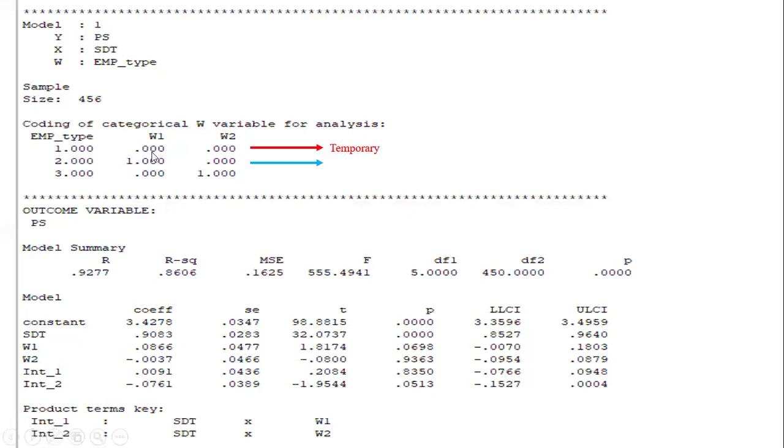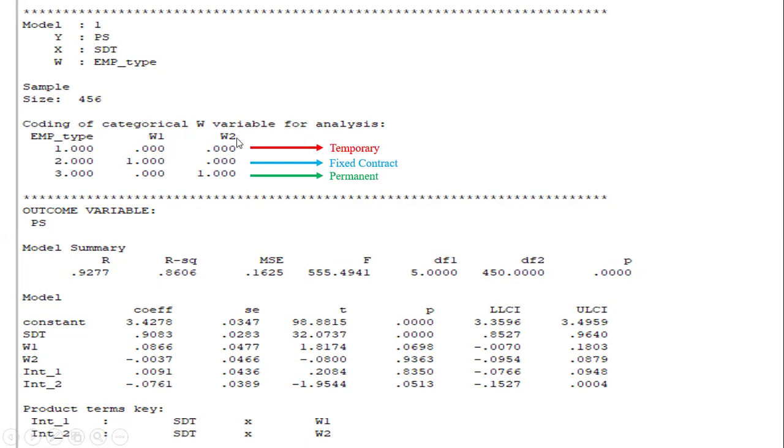If 1 is appearing in W1, it means that you are considering the fixed contract type of employees. And if 1 is appearing in the W3 category, it means you are considering the permanent type of employees and you are ignoring the others. So this is how we can understand the idea of W1 and W2.